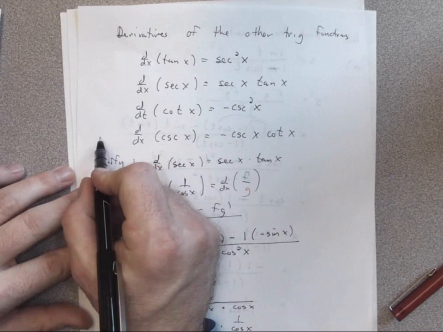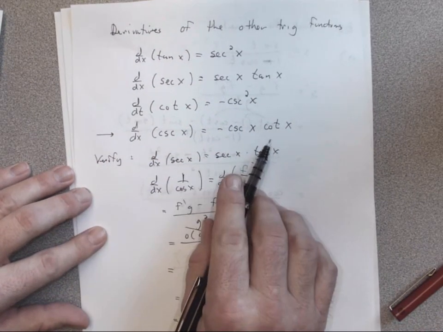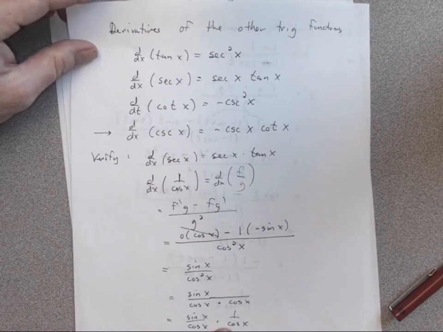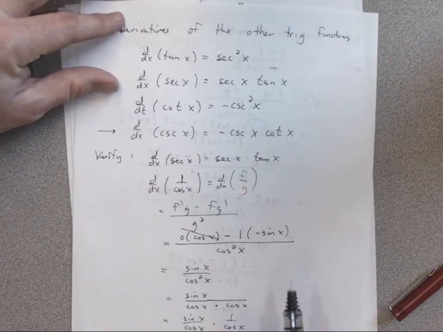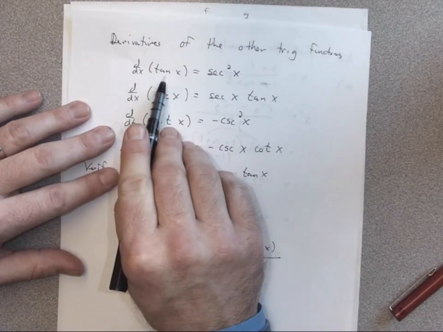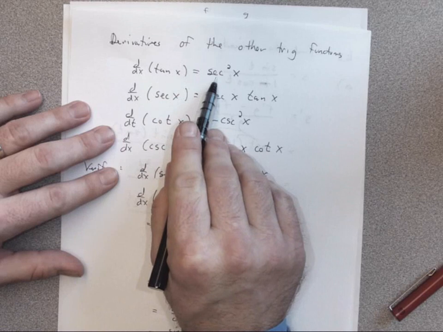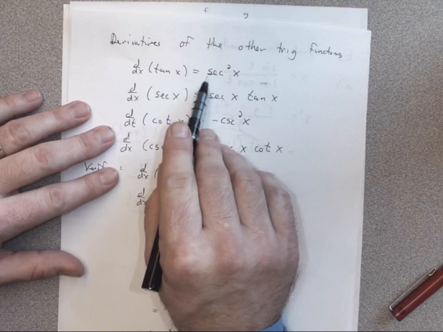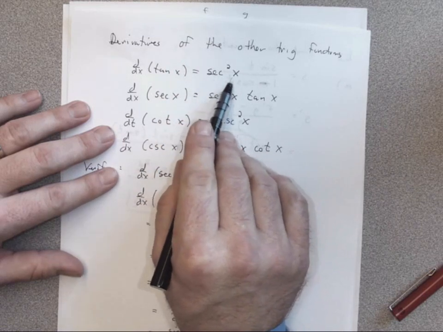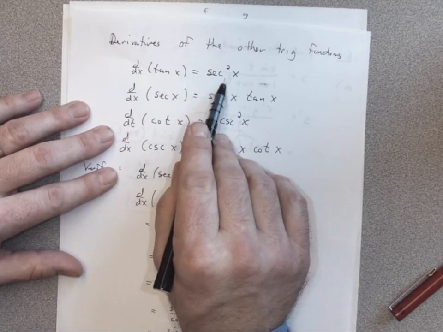So the derivative of the cosecant is minus cosecant cotangent. It really comes down to memorizing these things. This will help me: notice the denominator of tangent is cosine, and the denominator of secant squared is cosine. Remember it's a quotient rule, so this is clearly going to have a cosine squared on the bottom.